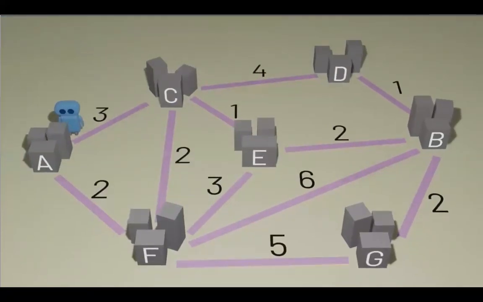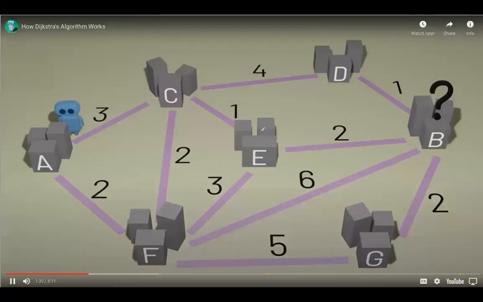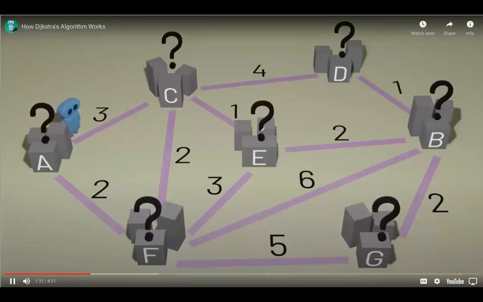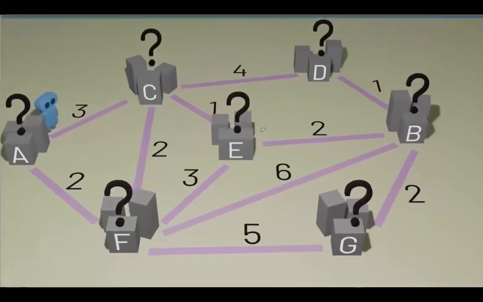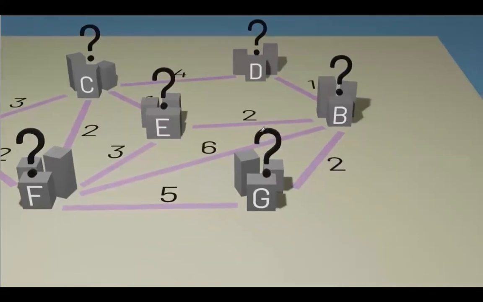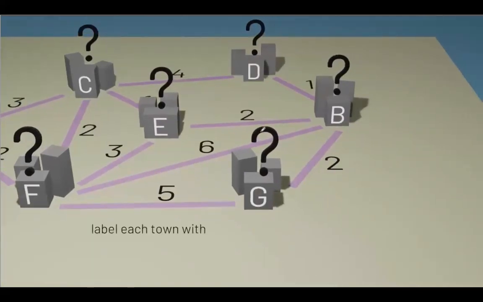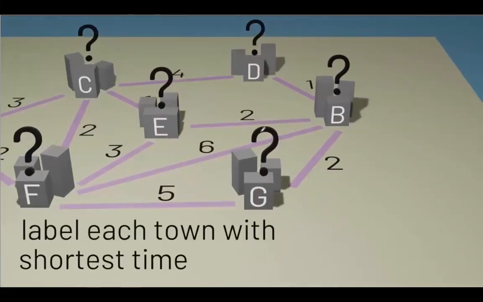Ultimately, we need to figure out how many minutes it will take to get to town B. In doing so, though, it might be useful to figure out how many minutes it would take to get to the other towns too. So ideally, we'd want to label each town with a number, representing the shortest time required to get there. But of course, we don't know that information yet.